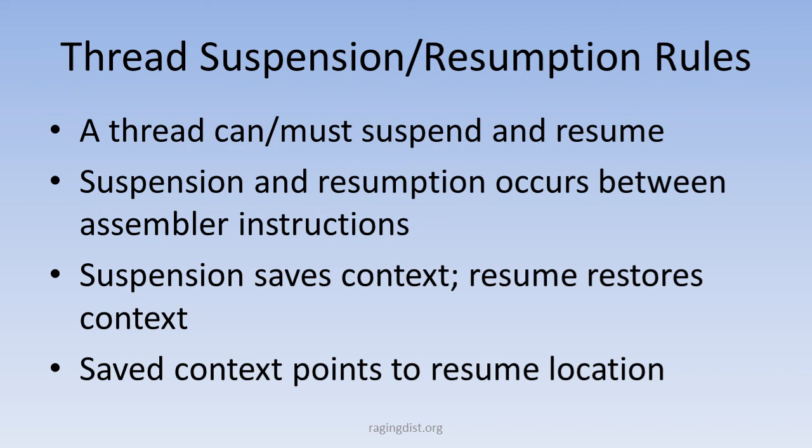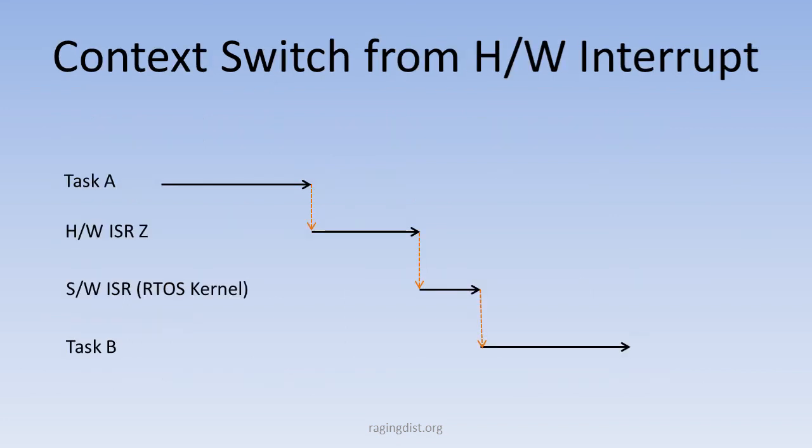Suspension and resumption will happen right down at the assembly language level. So any type of thread you have has to be able to stop on a dime, the dime being a single machine instruction, and then pick up where it left off. There's a saving that happens during the suspension and a restoring. And the saved context will also tell you, of course, where you pick up from that execution.